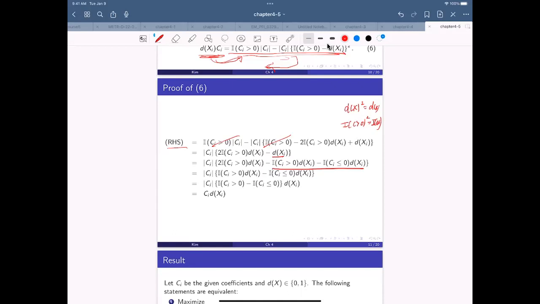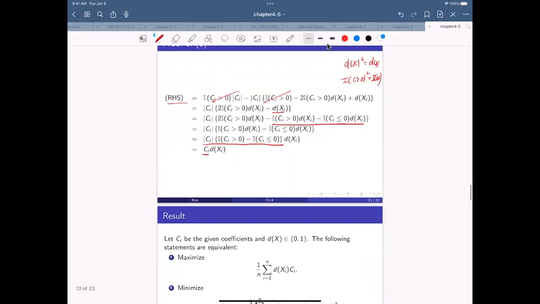And the only thing you're left with is this guy, which is actually equal to Ci, because of the absolute value, right? If positive, then you just take the absolute value. If it's negative, then it takes the negative of the absolute value, which is the original C, right?